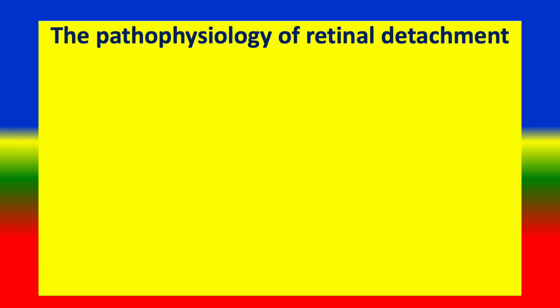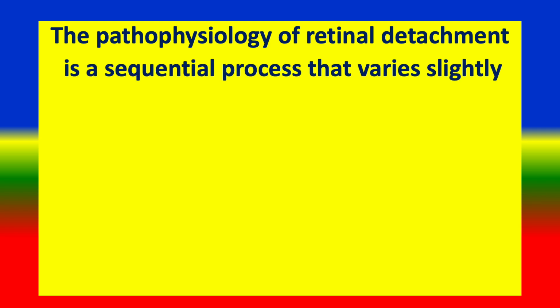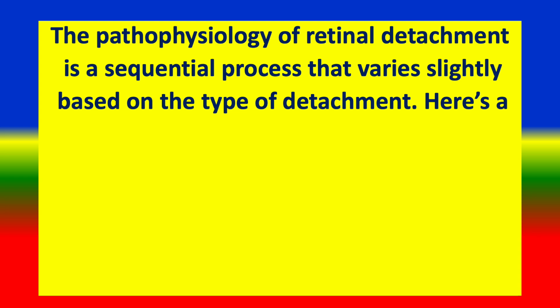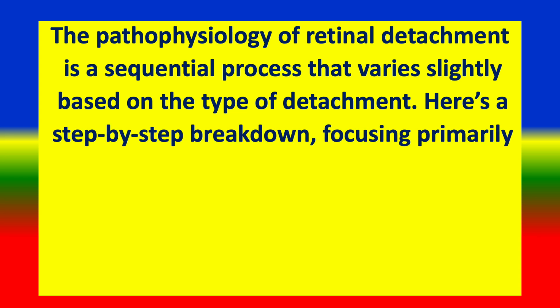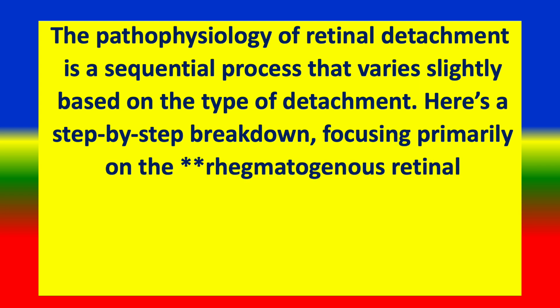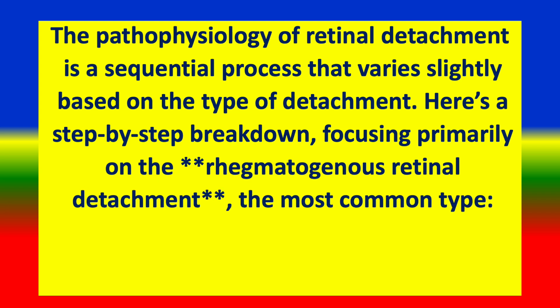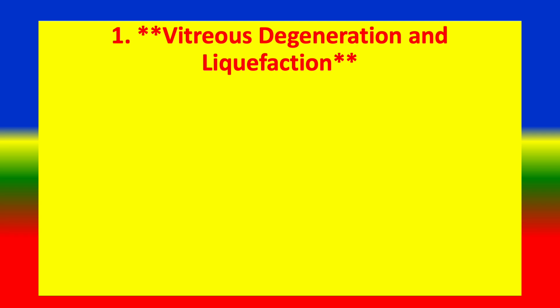The pathophysiology of retinal detachment is a sequential process that varies slightly based on the type of detachment. Here is a step-by-step breakdown focusing primarily on rhegmatogenous retinal detachment, the most common type: 1.